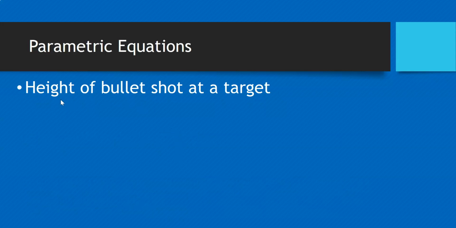And you could see how the extra variable would be important if you were going to look at, for instance, the height of a bullet shot at a target. It would have a height and a distance, and you would want to know not just where the bullet goes, but when the bullet hits a certain point, especially if you have maybe two moving targets or something like that. You can look at graphs of that. If you Google that on the internet, you can see the range of bullet motions.